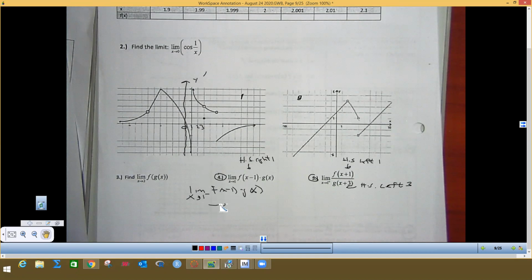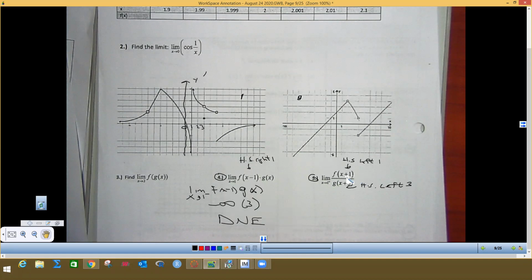So this is going to negative infinity. The limit does not exist because they both aren't going to the same place.